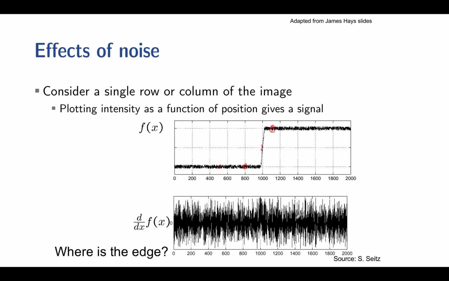This is the actual derivative, and I don't see that large a jump here for two reasons: first, I have noise, and second, the edge is spread over some distance. So this is a real problem in computing the derivative the way I described it, just by a +1 -1 filter.